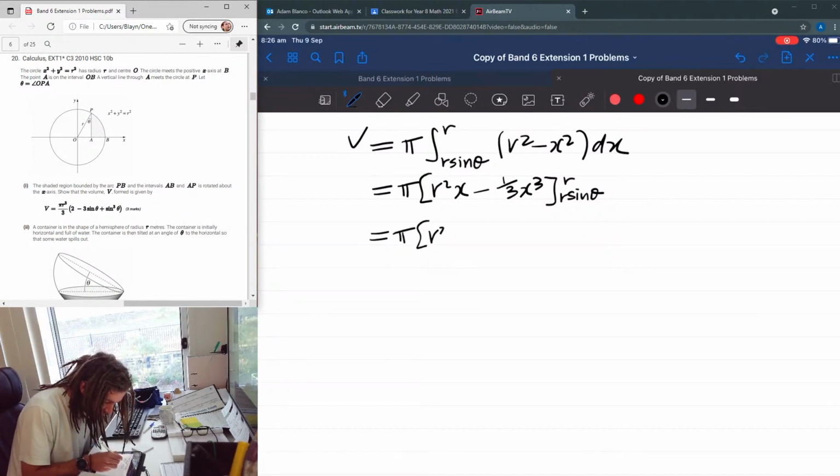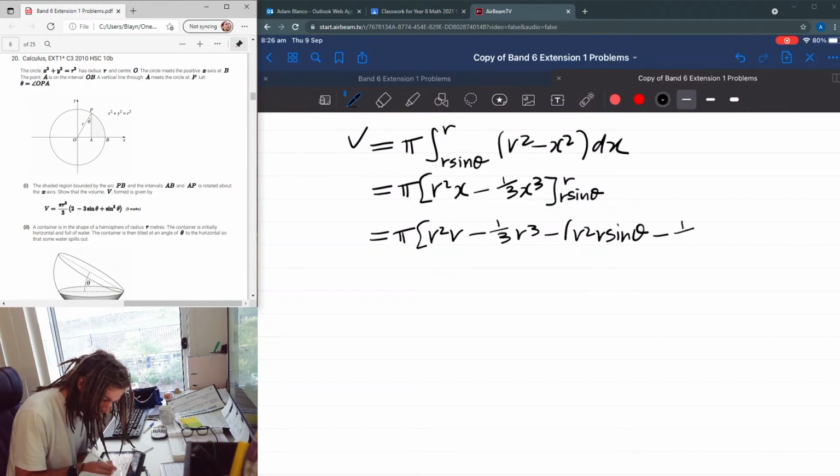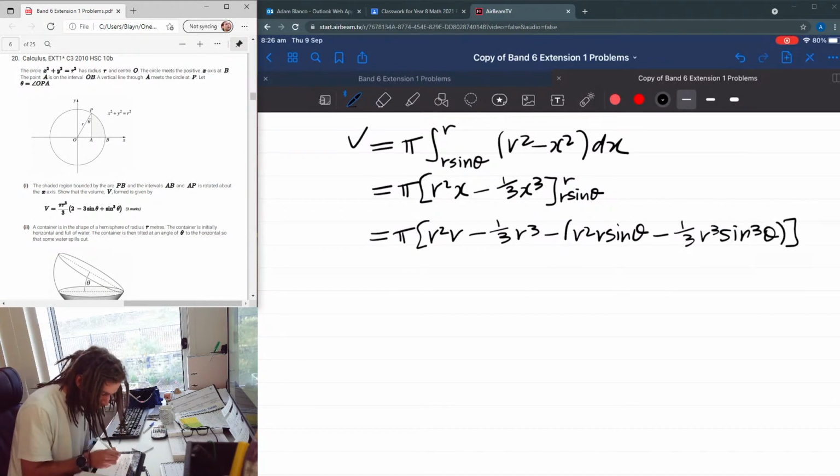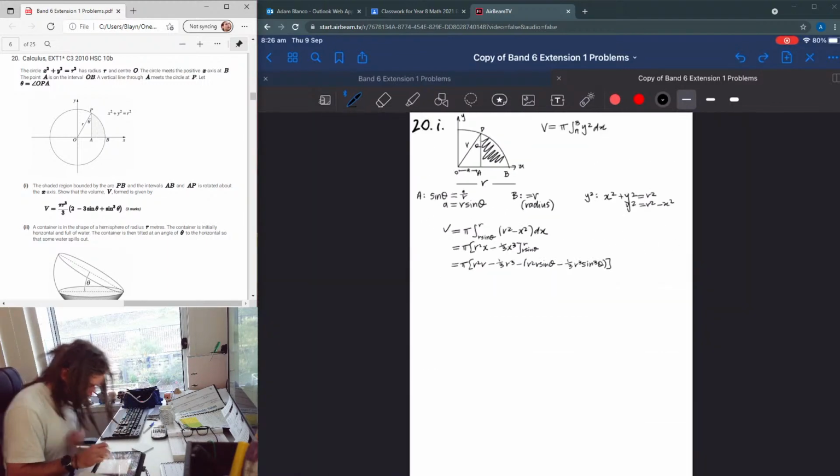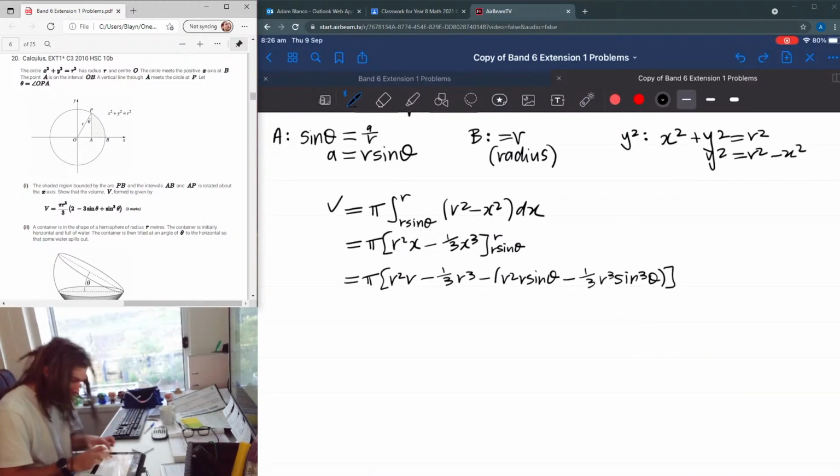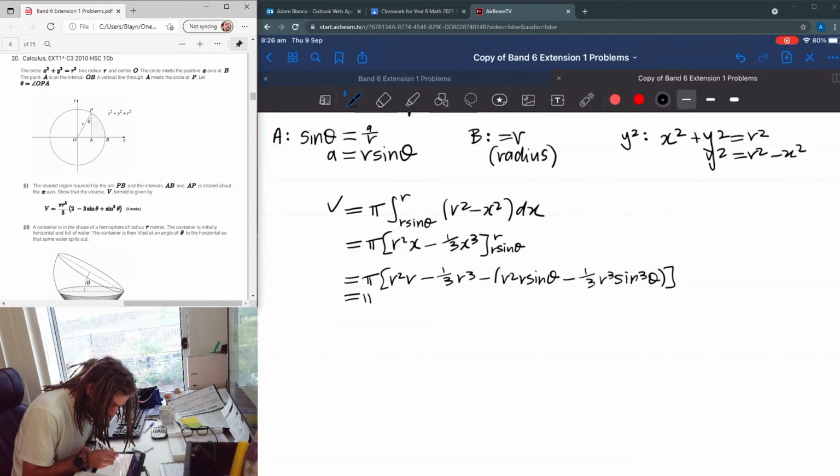Okay, so then that's r squared r minus 1/3 r cubed minus r squared r sine theta minus 1/3 r cubed sine cubed theta. So then that's pi r cubed.